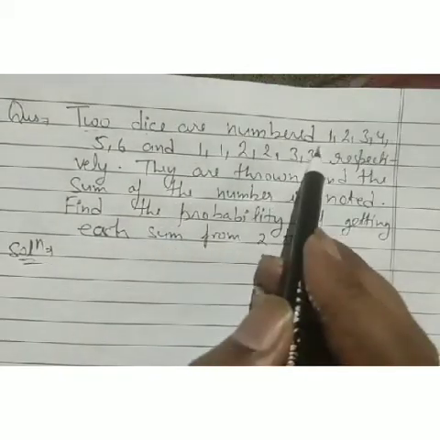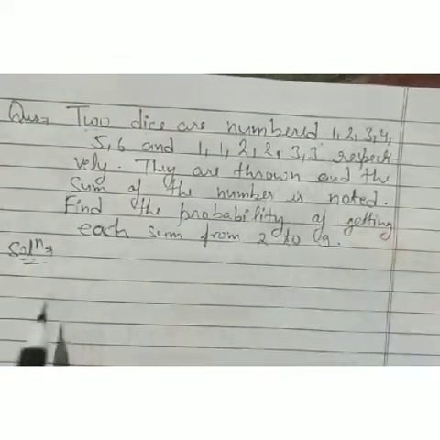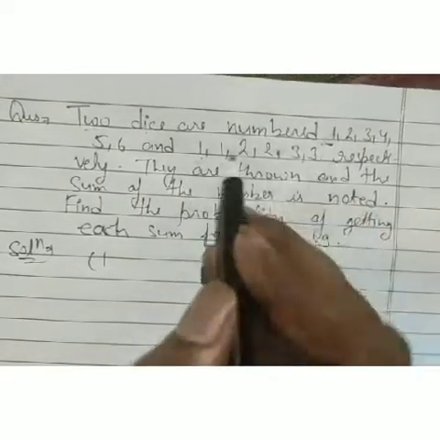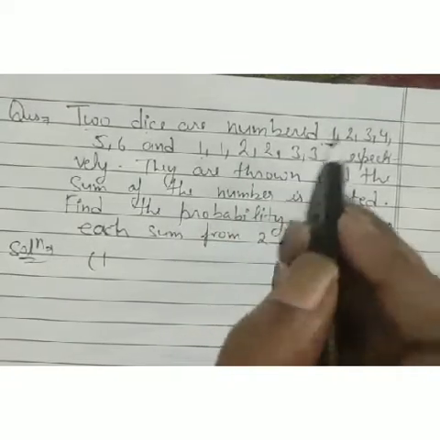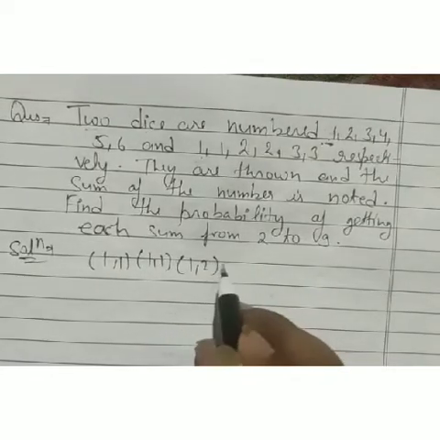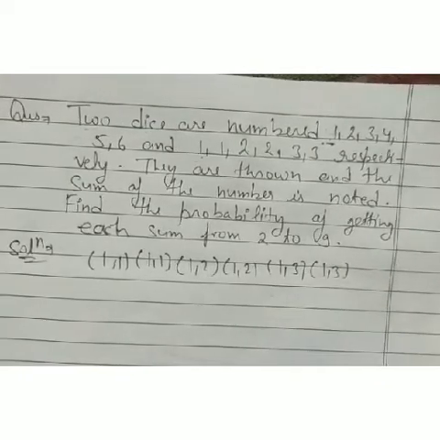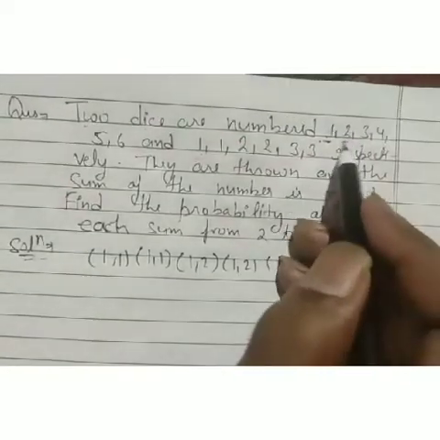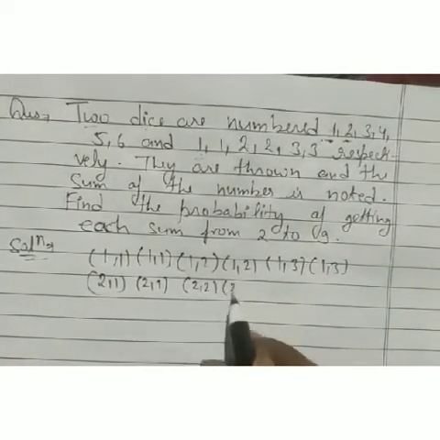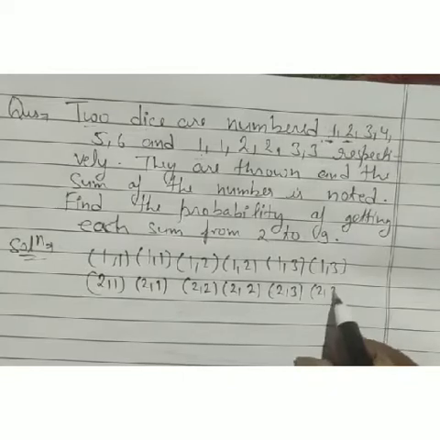When we take 1, we get 1 1, 1 1, 1 2, 1 2, 1 3, 1 3. Now I'm going to take 2: 2 1, 2 1, 2 2, 2 2, 2 3, 2 3.